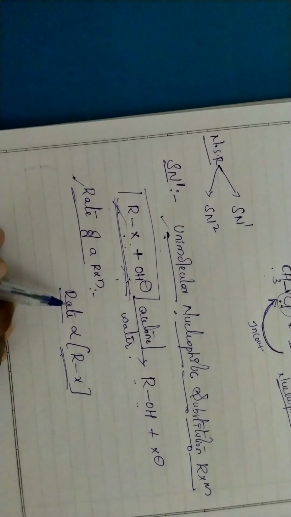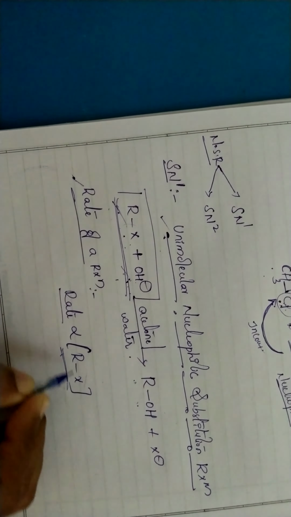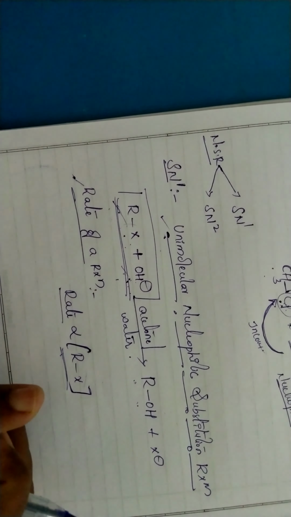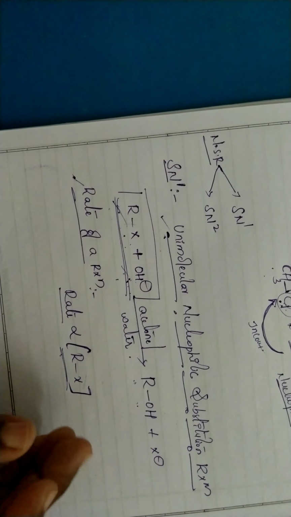That means here we have to understand that the rate directly depends upon the concentration. This bracket is called concentration brackets. Whenever you see any compound put in square brackets, we have to understand that it indicates the concentration of that particular compound.